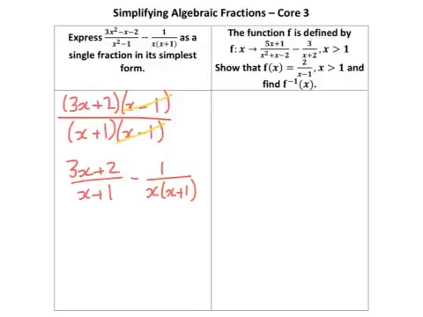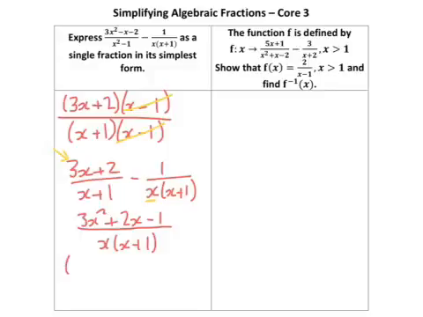Now get them all over a common denominator, so that's going to be x brackets x plus 1. So I need to multiply this over here through by x. Alright, so we're going to get 3x squared plus 2x minus 1. Right, now that looks like that will factorise as well.